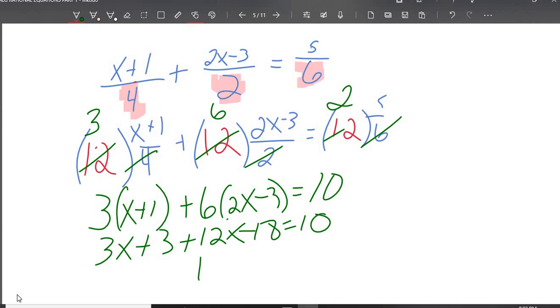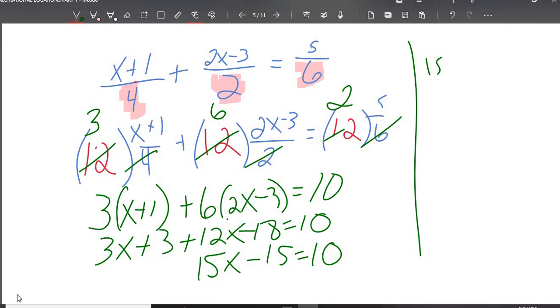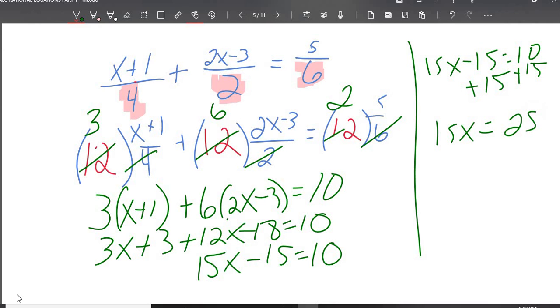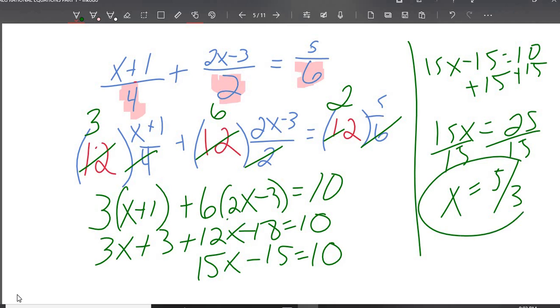Add like terms. And solve for x. So we're going to move the 15 over just like normal. 25. Divide by 15. So x turns out to be 5/3.